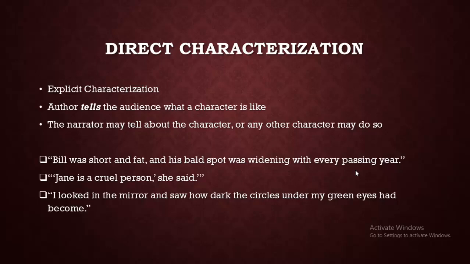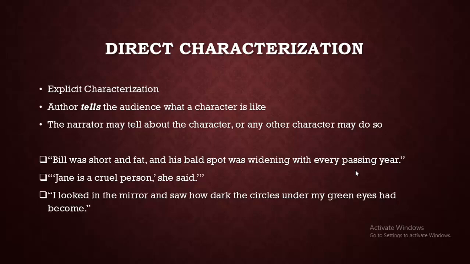For example, we have three small examples here. The first example says, "Bill was short and fat, and his bald spot was widening with every passing year." So you can see Bill is a character here, and he is described by the narrator directly.